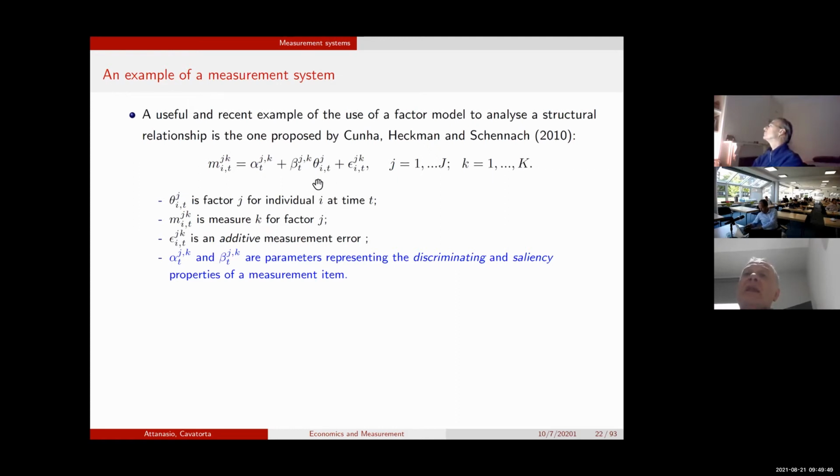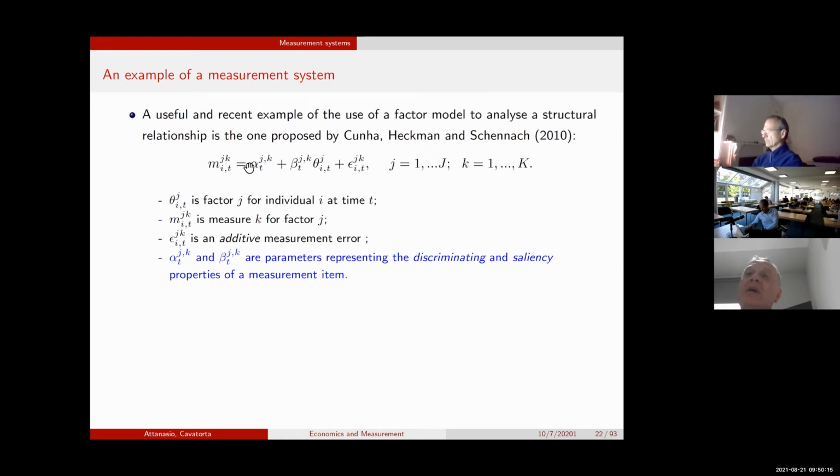So we have these latent factors theta. There are several of them, big J. And for each of them, there are big K available measures. So this is measure JK that relates factor J for individual I at time T to what we observe.